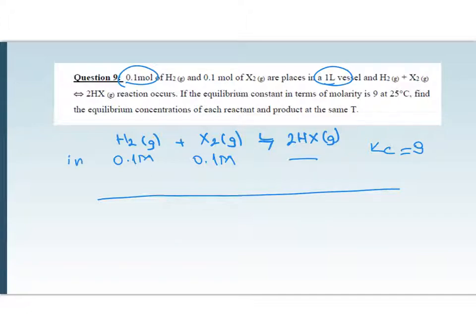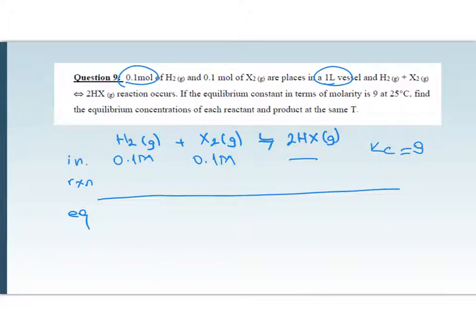Here are my initial values. Then there's going to be some reaction. And what about at equilibrium? Remember, equilibrium reactions are not 100% yield reactions. So you cannot say that 0.2 molar of HX is produced. This is not correct, please erase this one.